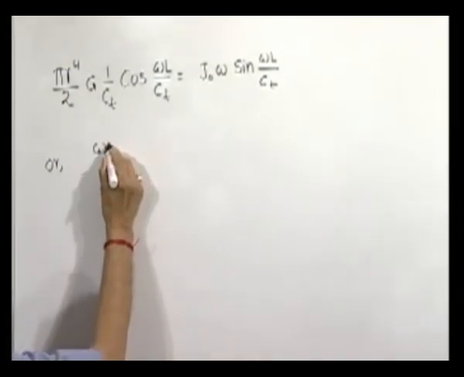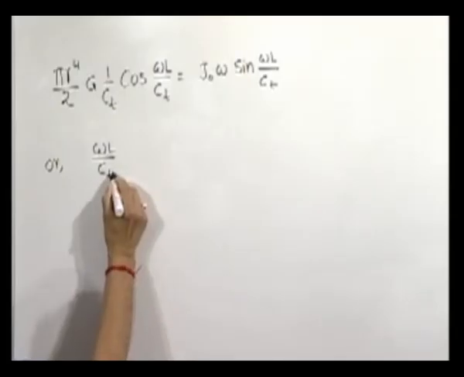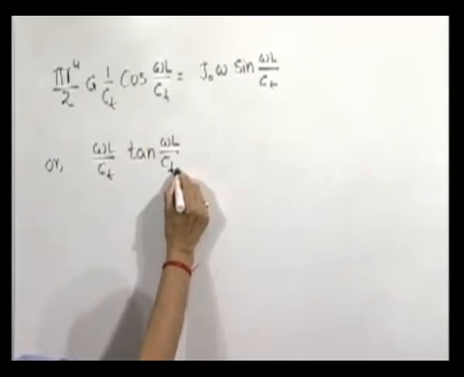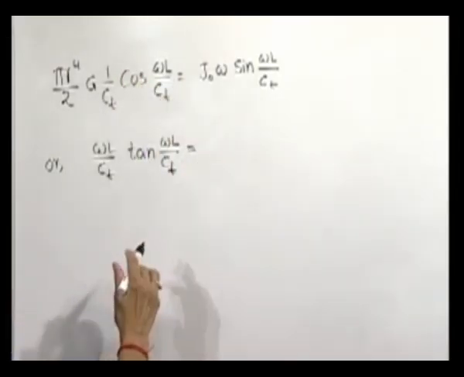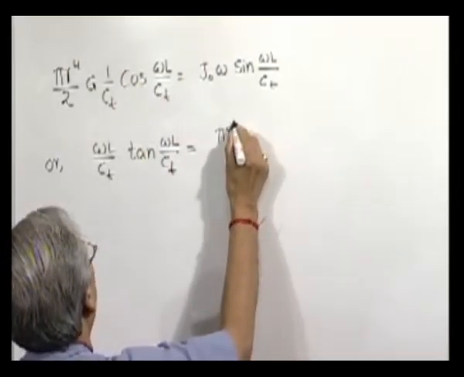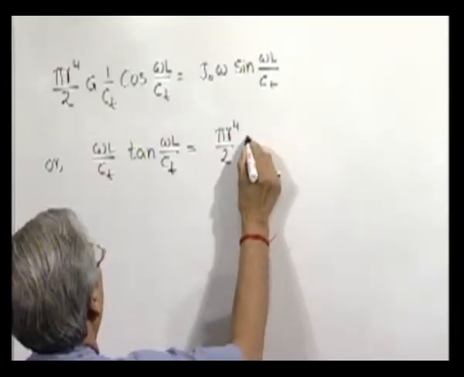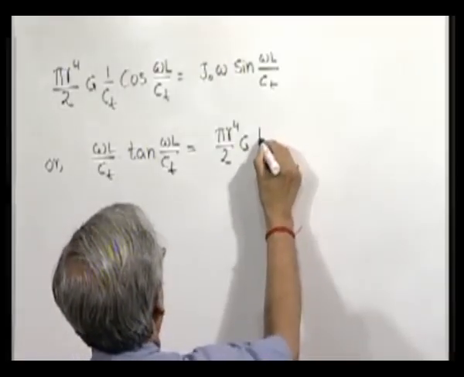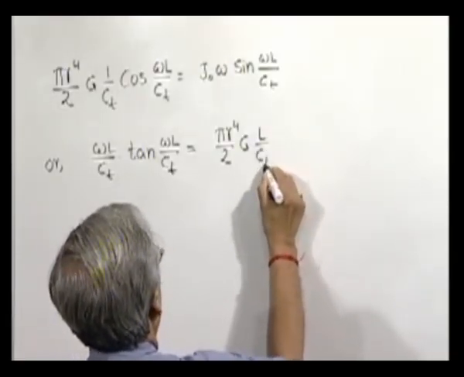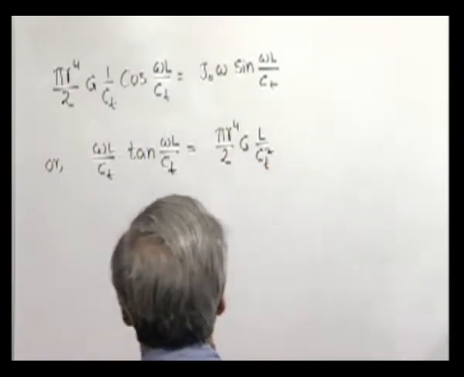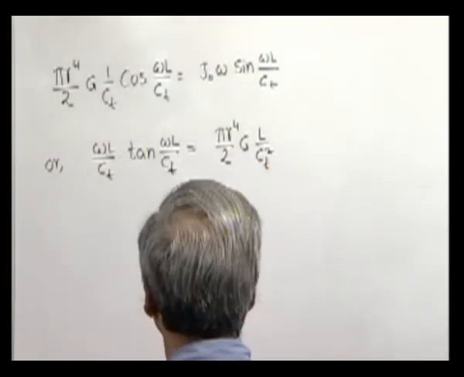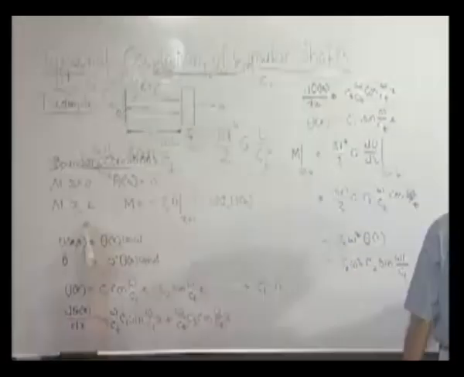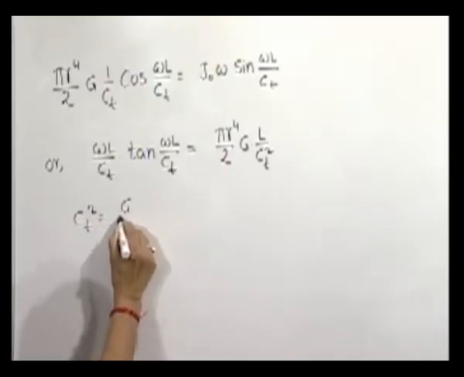omega L by Ct here. Now Ct we have already found out. Ct square was equal to G by rho.